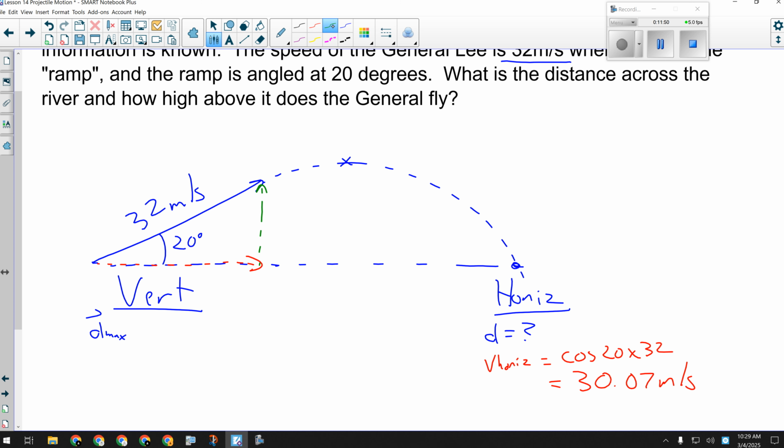Its vertical velocity is always changing through the flight. When I calculate this, it is its initial vertical velocity. It's how fast it was going at the instant it was launched. So this side will be VI vertical. Now that's the opposite side, so I would go sine of 20 times 32 meters per second. Just finding the Y component here.